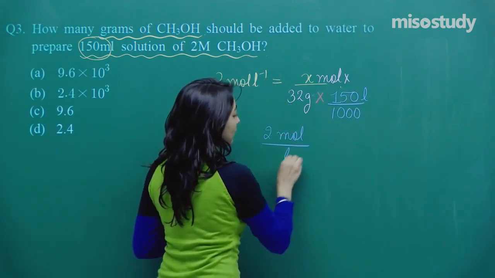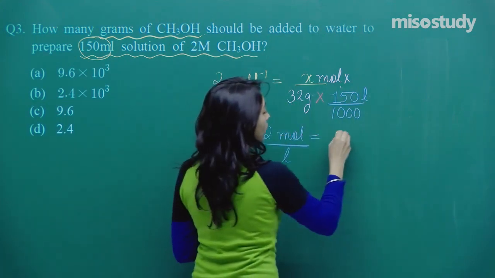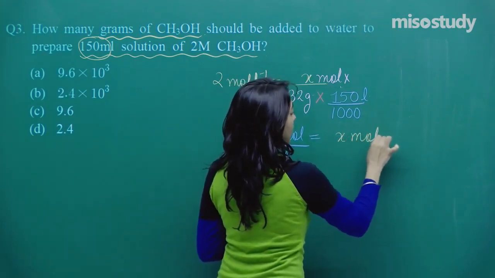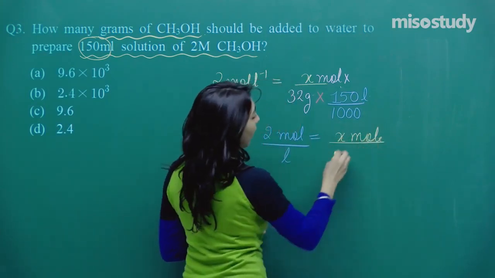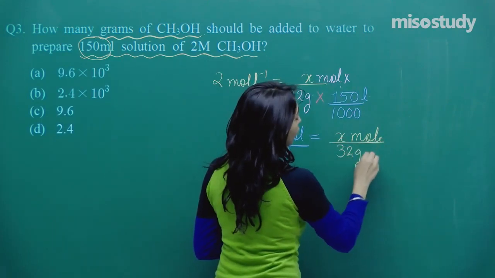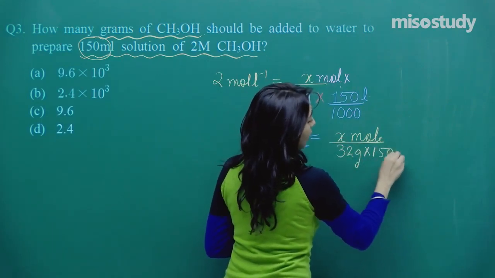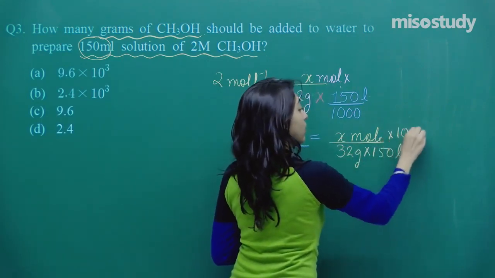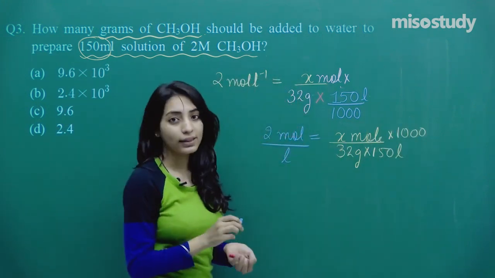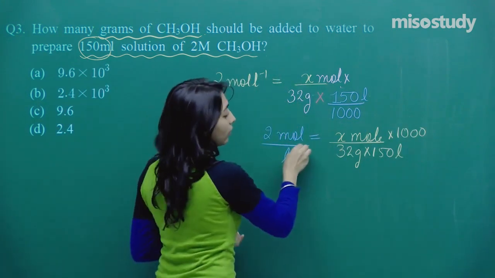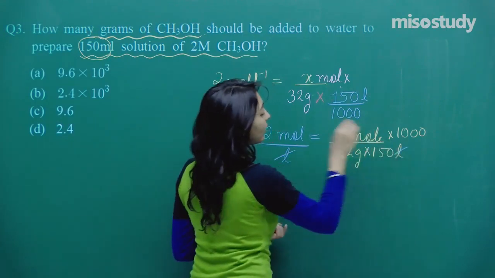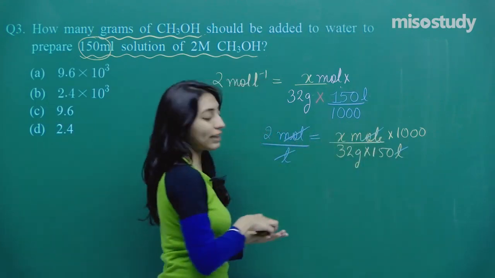2 moles per liter is equal to X moles divided by 32 grams into 150 liter into 1000, right? Now see, liter gets cancelled, mole will get cancelled.